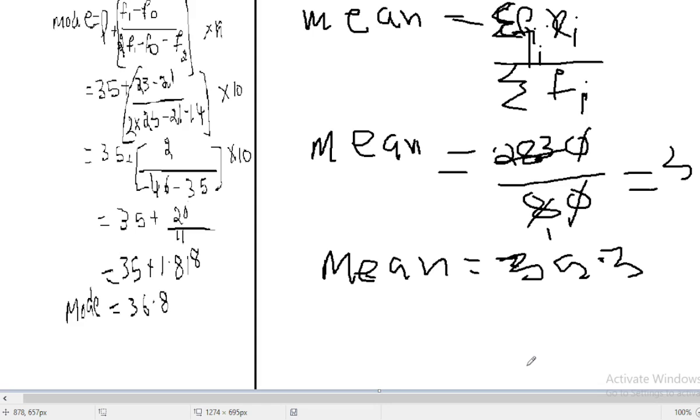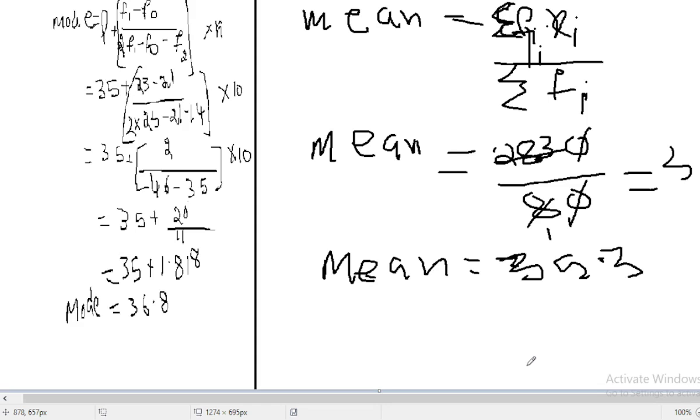So the most repeated age group is 36.8 and the average age group is 35.3. So this is the comparison between the classes, ages and patients. That's it.